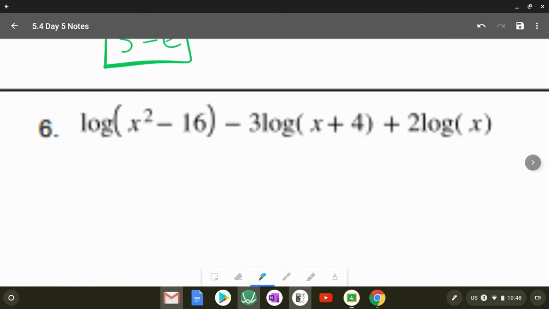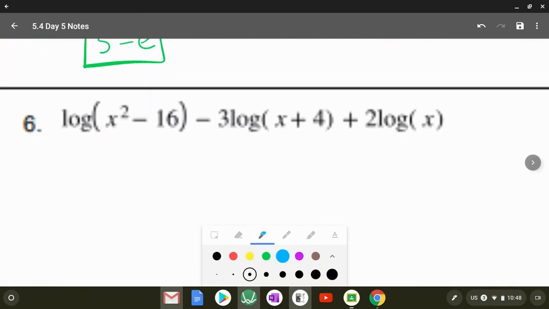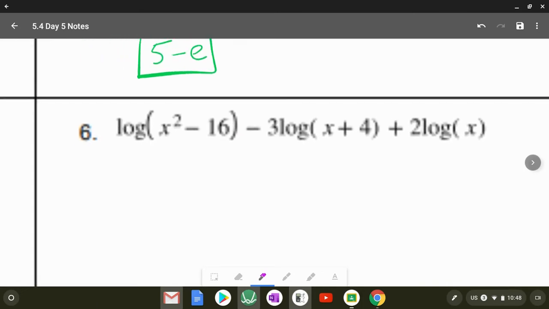If we take a look at number 6, again, we're starting with multiple logs, so we are condensing. Nice thing about this one is there's nothing in front on the first one. However, on the second one, there is a 3, so let's go ahead and move that to the exponent. And then there's a 2 on the last one. So let's move that to the exponent of the other one.